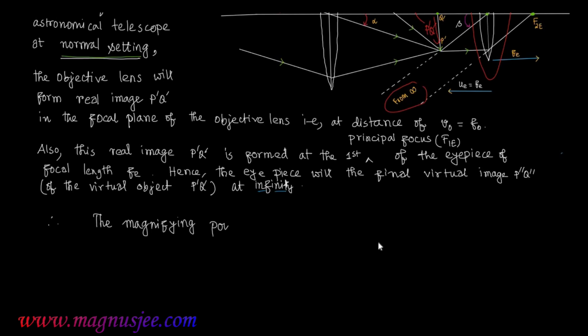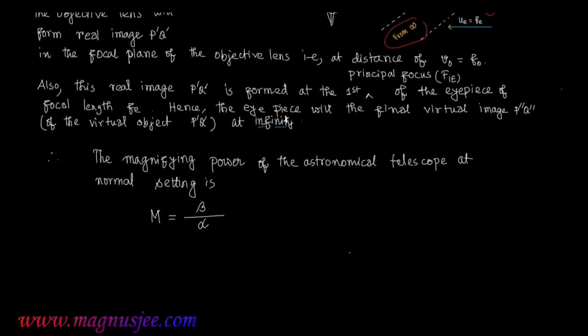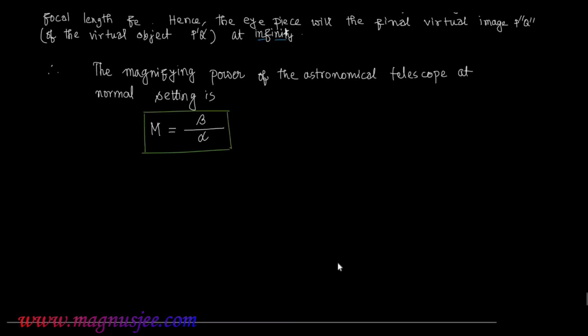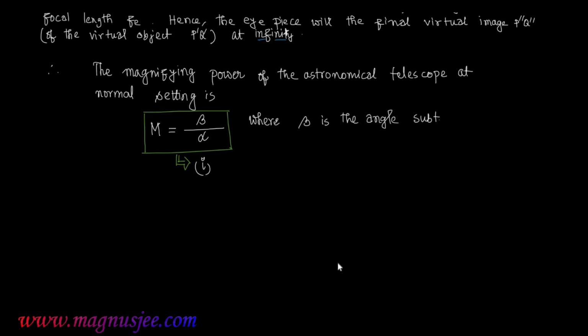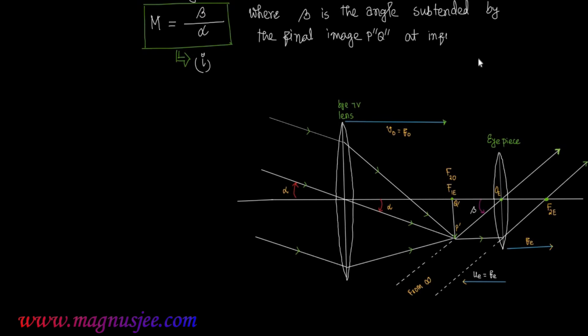Therefore, the magnifying power of the astronomical telescope at normal setting is given by capital M equal to beta by alpha, which is equation 1, where beta is the angle subtended by the final image P double prime Q double prime at infinity.